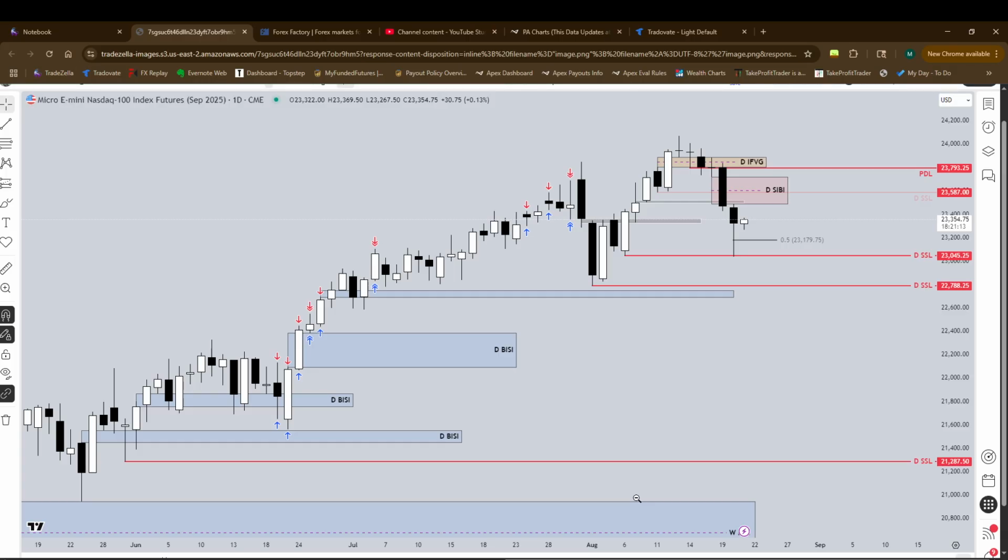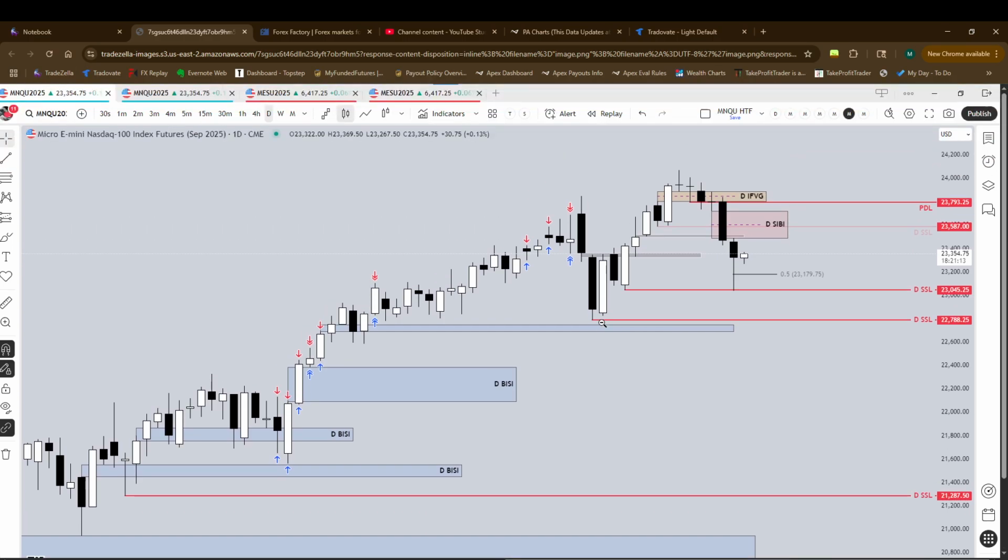That's very good, at least for me, and it's the correct stepping stone. It's the correct progress for an individual trying to be consistent and profitable. So I'm pretty proud of that. Regardless of this huge move going down lower to this daily sell side liquidity, I was still able to capitalize.